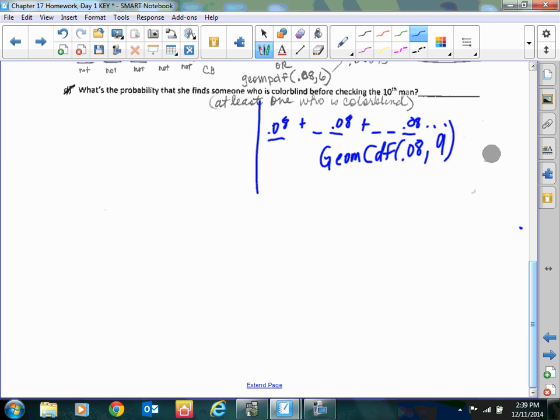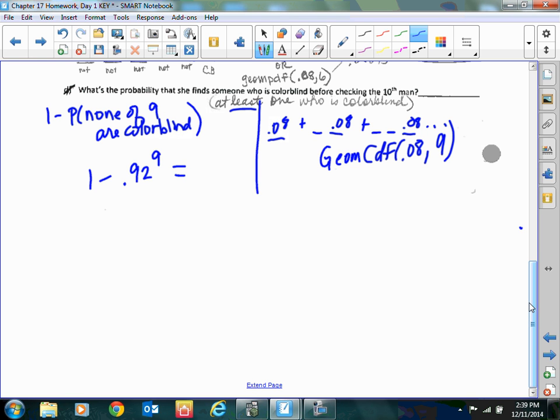But another way, and the way that I used to think of it actually until this year, was this. She needs to find at least one amongst the first 9. So to find at least one is 1 minus the probability that none of the 9 are colorblind. And in order for none of the 9 to be colorblind, it's 1 minus, all of them are good to go, 0.92 to the 9th.